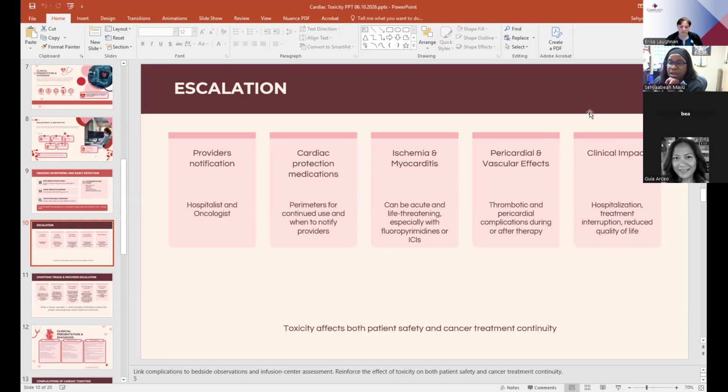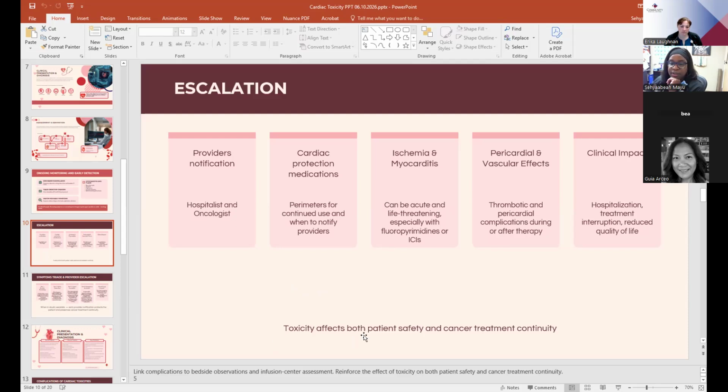Ischemia and myocarditis can be acute and life-threatening, especially with the 5FUs and ICIs. We want to look at pericardial and vascular effects, thrombotic and pericardial complications, and then the clinical impact: hospitalization, treatment interruptions, and then reduced quality of life.